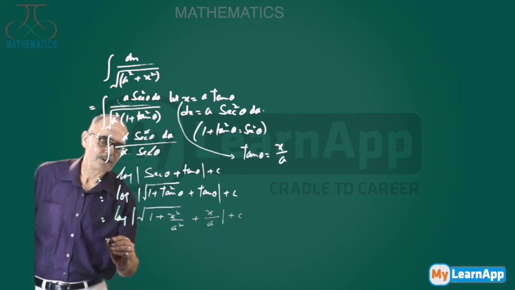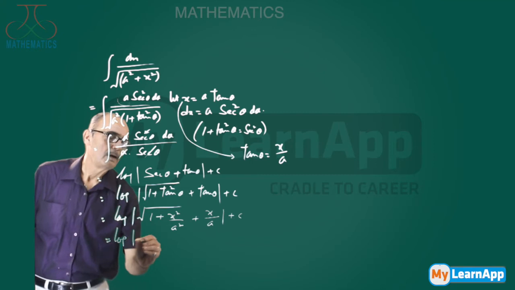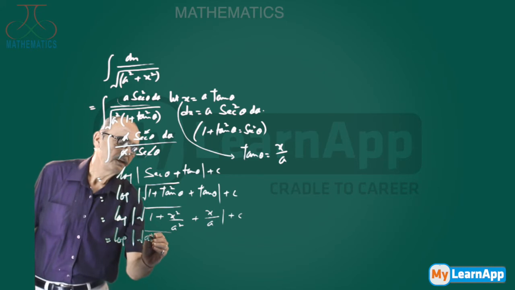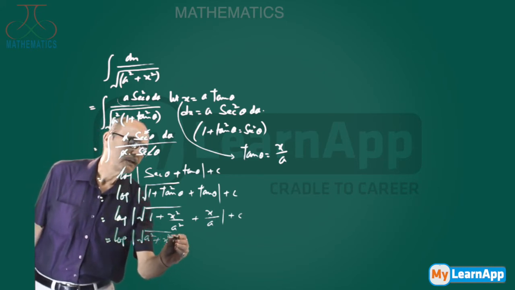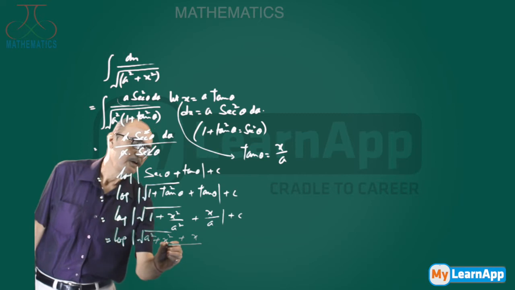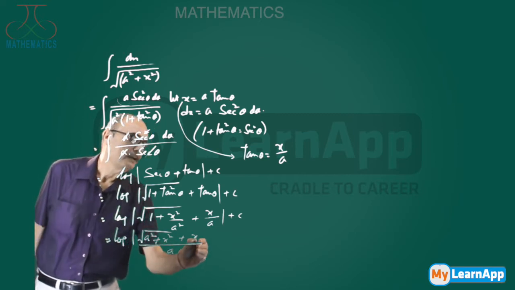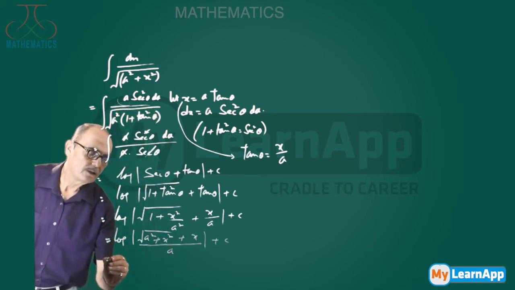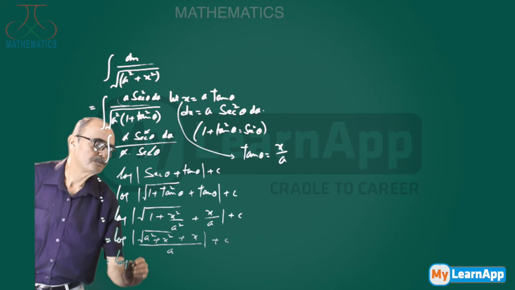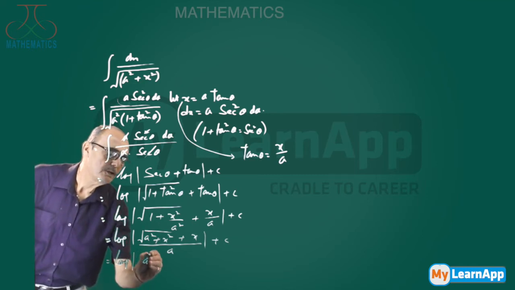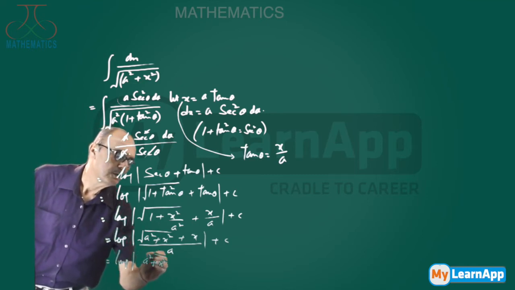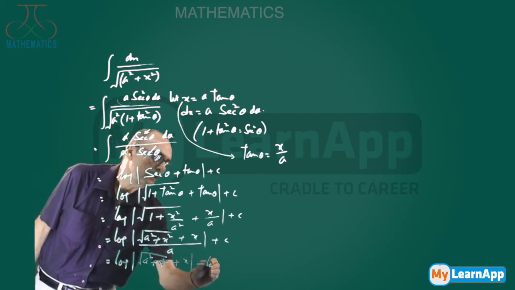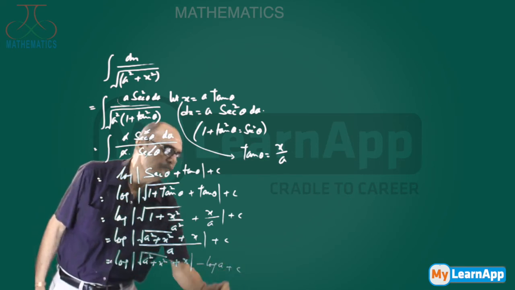Simplifying this, we have log of, LCM is a square, so under root a square plus x square plus x, whole divided by a, plus c. Or further, this is log of root a square plus x square plus x minus log of a plus c.